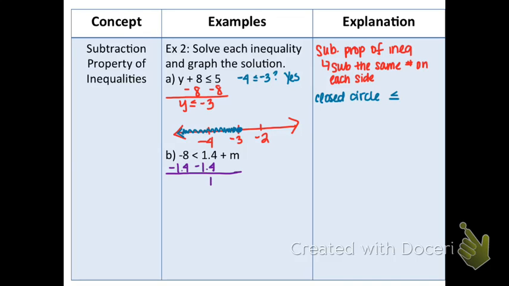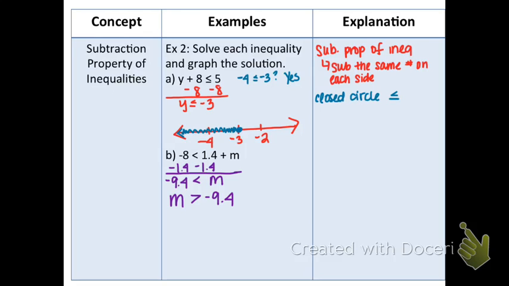So I'm left with M. I'm going to copy my inequality sign, and negative 8 minus 1.4 is negative 9.4. So I'm not a huge fan of inequalities being written with the M on the right-hand side. So since I'm used to seeing my M on the left-hand side, how I rewrite that is I put M there and I switch my inequality sign. So I think now that this is easier to see what direction I'm going to shade.